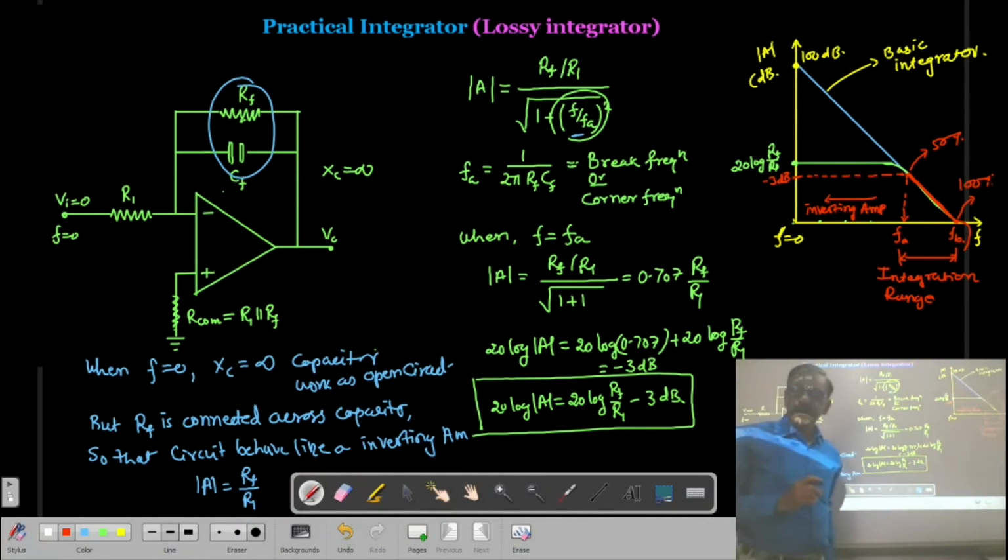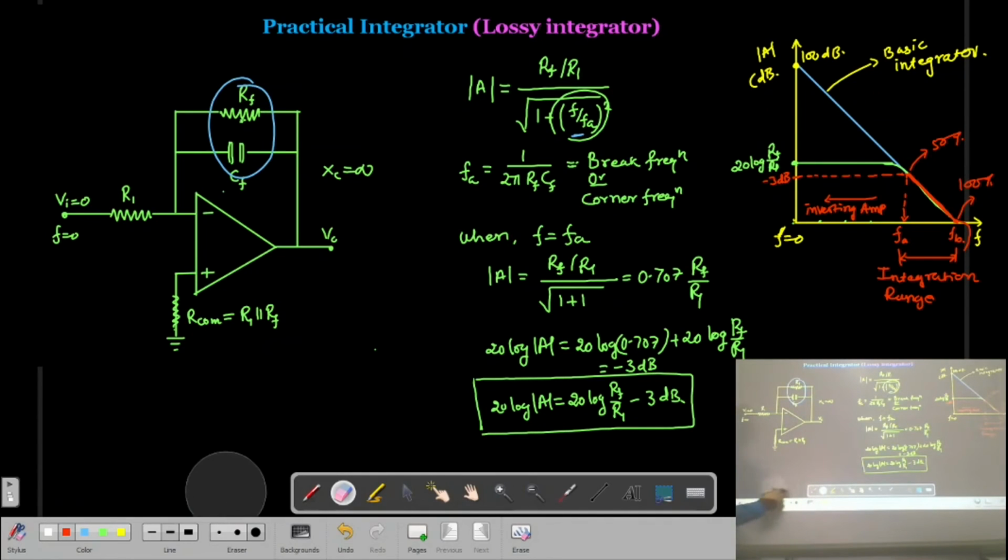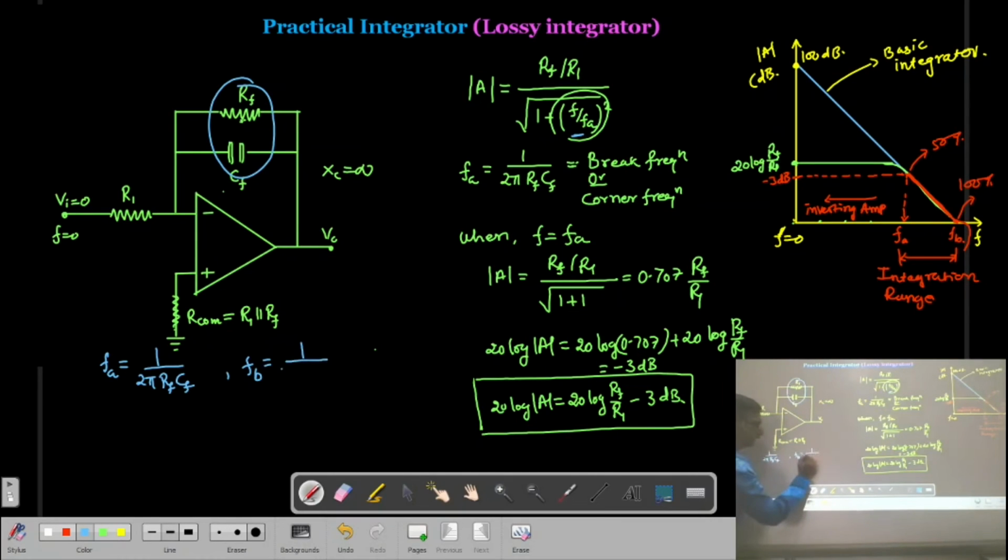Now what is the relation between Fa and Fb? Here we will see that relation. Remember we have defined FA as 1 upon 2 pi RF CF. Then we have defined the frequency FB as 1 upon 2 pi R1 CF.